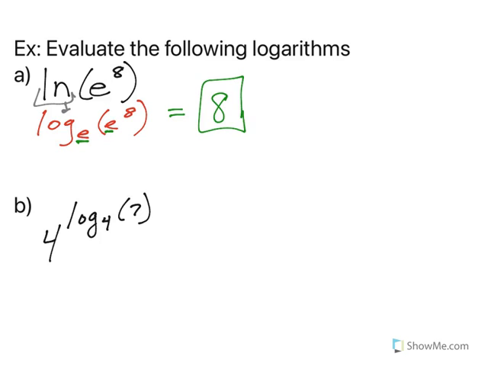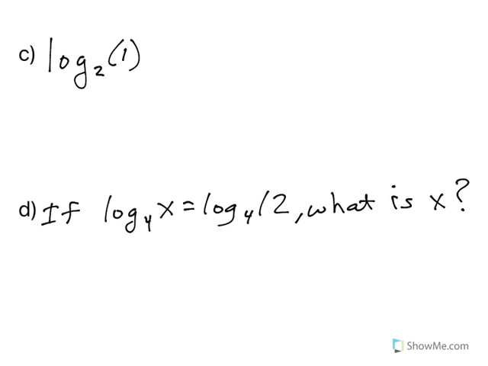So that just equals 8 by the inverse property. And letter B, if I have 4 raised to the log of 7 base 4, what is that? Well, same idea. Base of the exponent, base of the logarithm are the same. So by the inverse property, I just have 7.